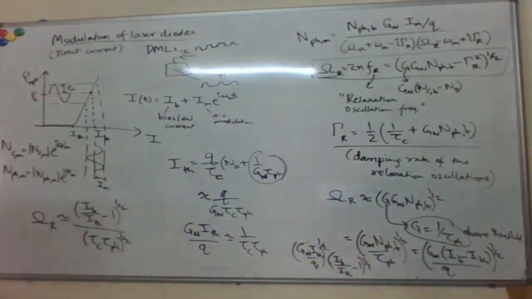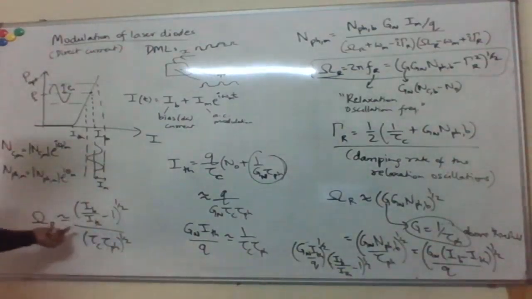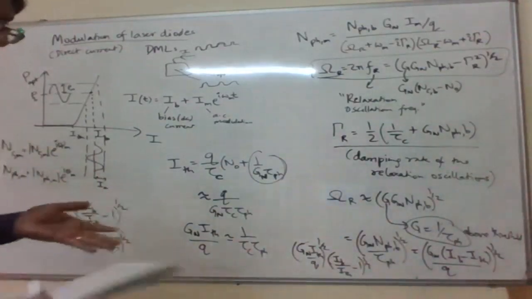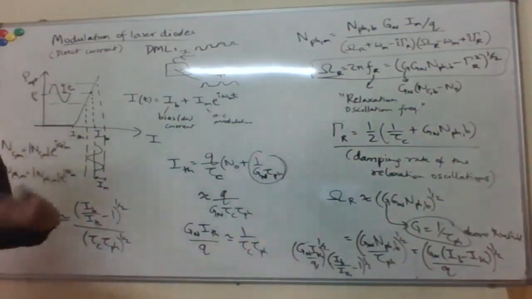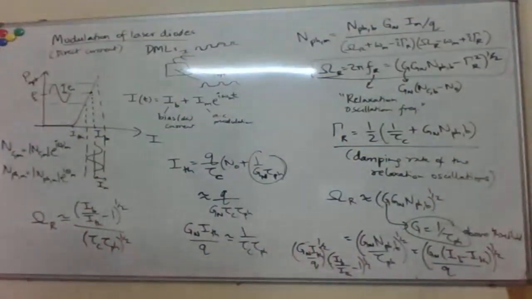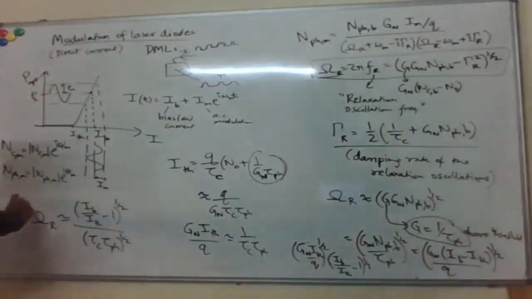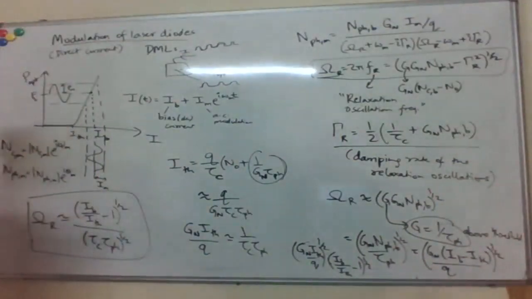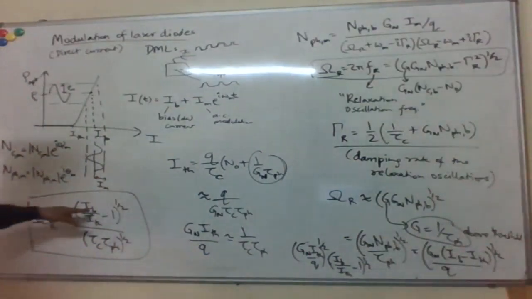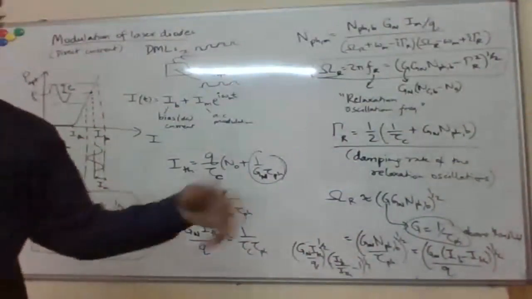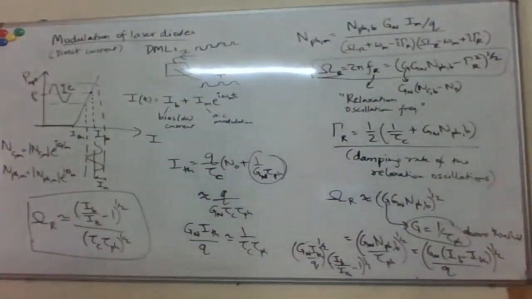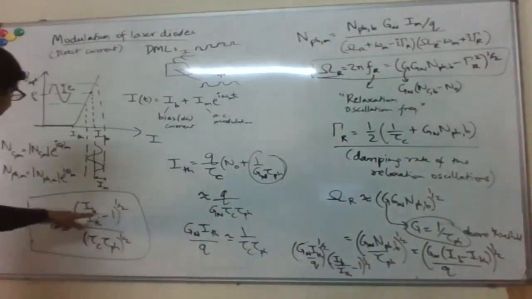Okay, so you can see that basically it's the interplay of the carrier and the photon dynamics, like the geometric mean of the lifetimes is giving you this frequency of oscillation. Okay, and the frequency increases as you go further and further beyond threshold. So the device responds faster and faster. But it's not very strong, like the dependence is square root.